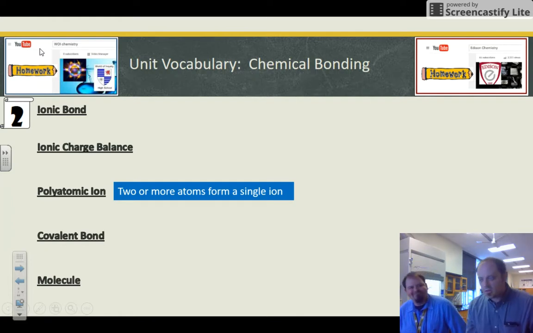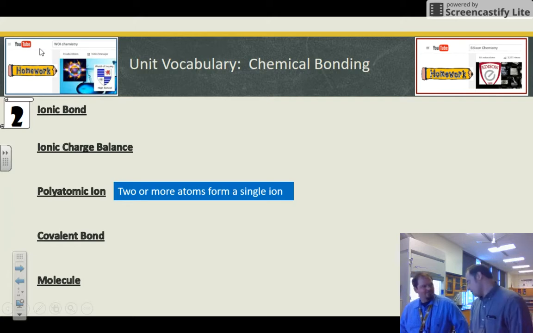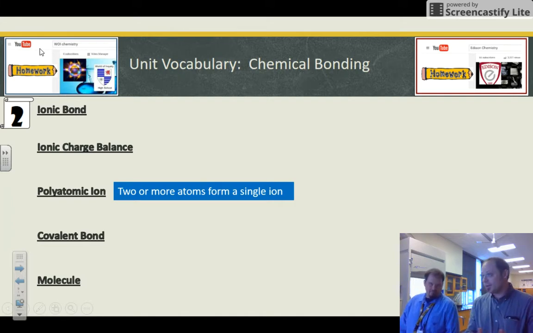You see NO3 nitrate, NO2 nitrite, or something like that. These are groups of covalently bonded atoms that together carry a positive or negative charge. Poly means multiple, atomic means atoms, and ion means a charge. So the breakdown of the words tells you exactly what it is.